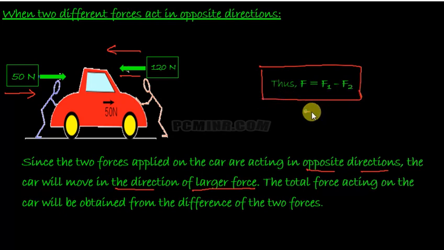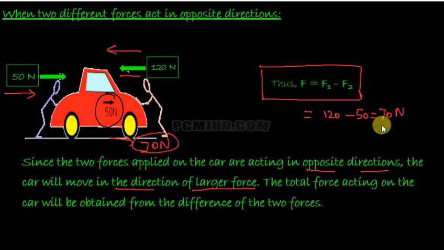So I get 120 Newton minus 50, that gives me 70 Newton to the right. So a net force of 70 Newton to the right. So the direction matters. It's a vector quantity.